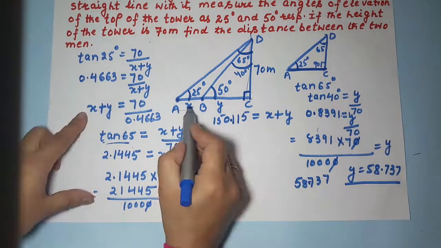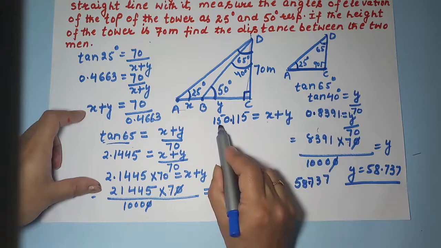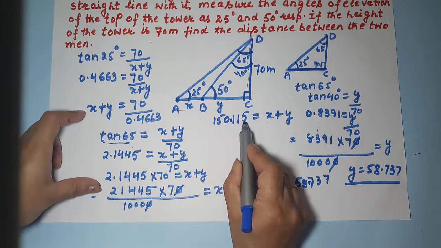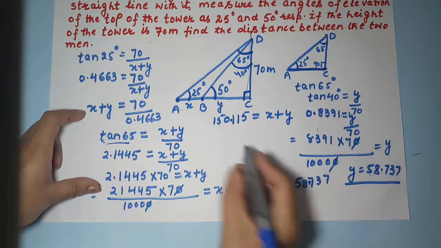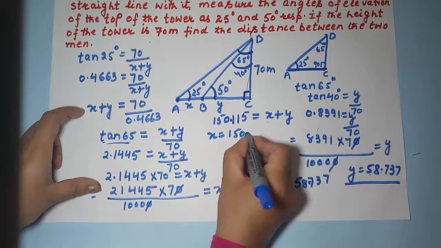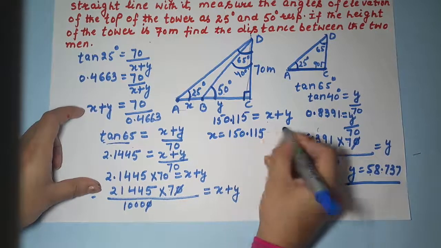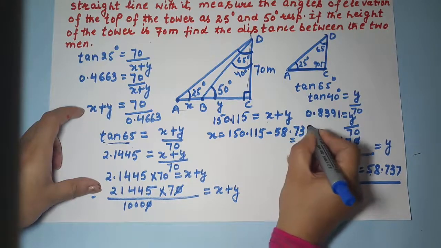Now you have to actually calculate x. You have x plus y equal to 150.115 and you have got y as 58.737. What will be your x now? 150.115 minus 58.737.